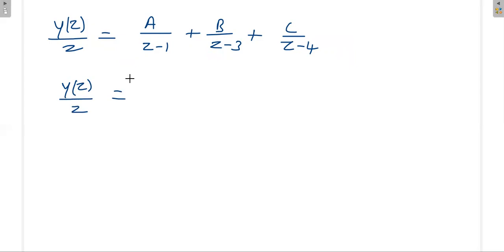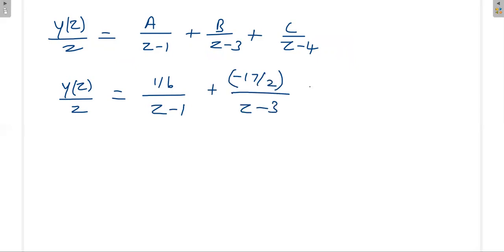Now I'm going to write the ABC values directly. The value of A is 1/6 divided by (z − 1). The value of B is −17/2 divided by (z − 3). The value of C is 31/3 divided by (z − 4). Again, take the z upward.